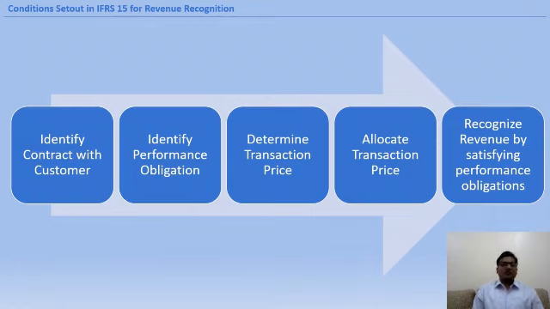So with this, we just had a bird's eye view of the conditions set out in IFRS 15 for revenue recognition, and we move on to the next topic wherein we discuss multiple examples and multiple scenarios involved in revenue recognition. It gives an overall picture of how revenues are recognized in multiple different scenarios and multiple different segments of the business. Let's move on and see the examples.